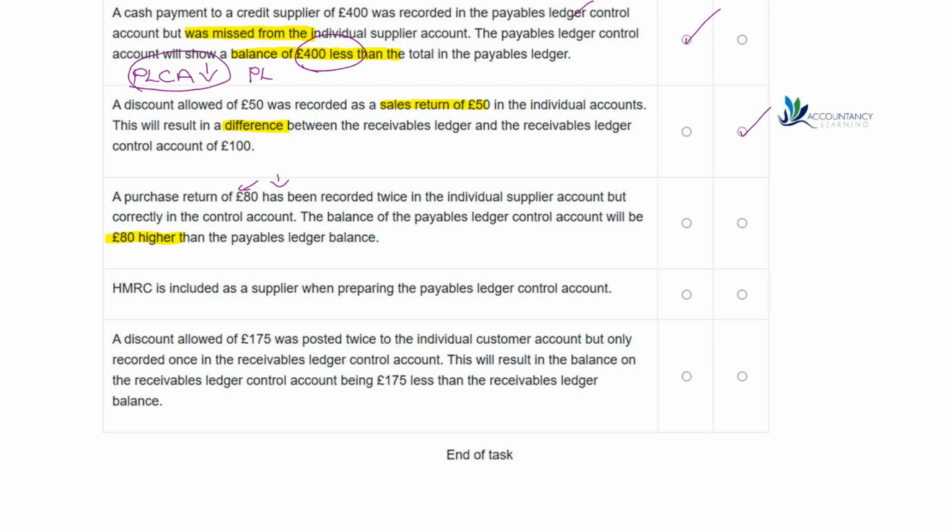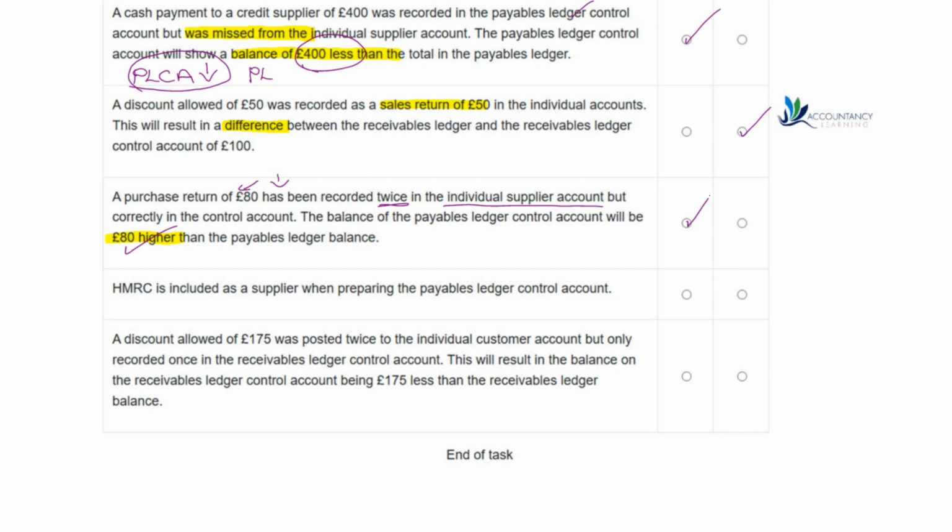So we've deducted 160 from the supplier account, but only 80 from the control account. So it would be £80 higher. That's true.